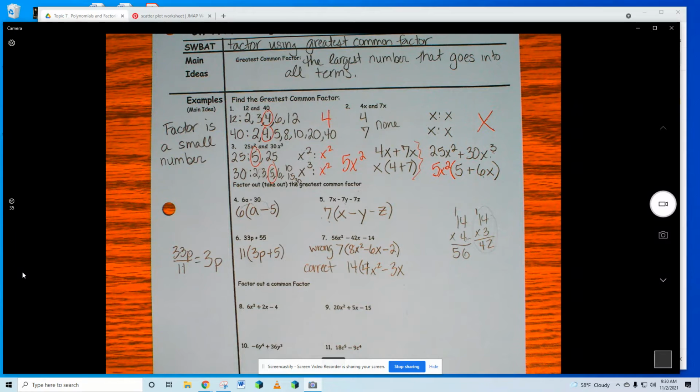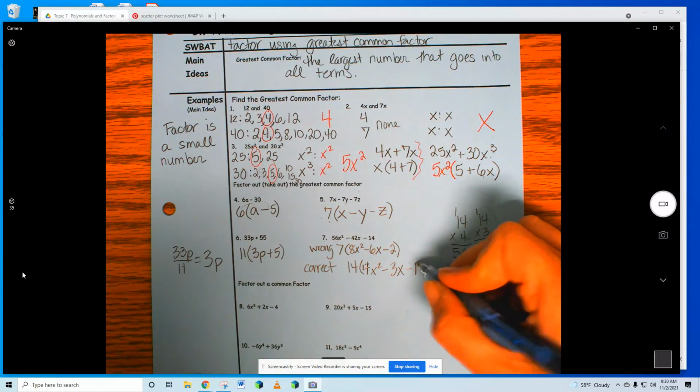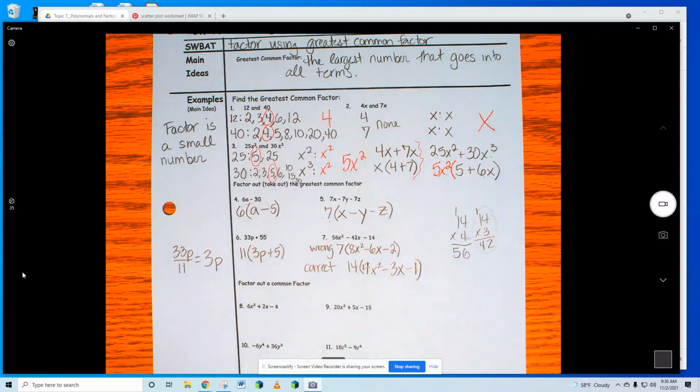Minus 3x. 14 divided out of 14. Just 1, guys. A 1 means that it's itself, like the number is itself.